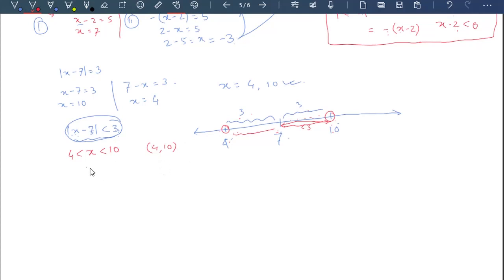Now can you tell the opposite one, modulus of x minus 7 is greater than 3? It will be this side. This is 7, this is 10, this is 4. Here the distance is 3, and here the distance is 3. So here everything outside qualifies.